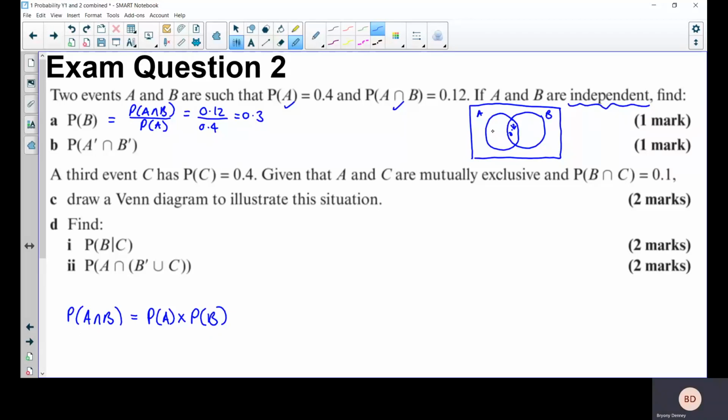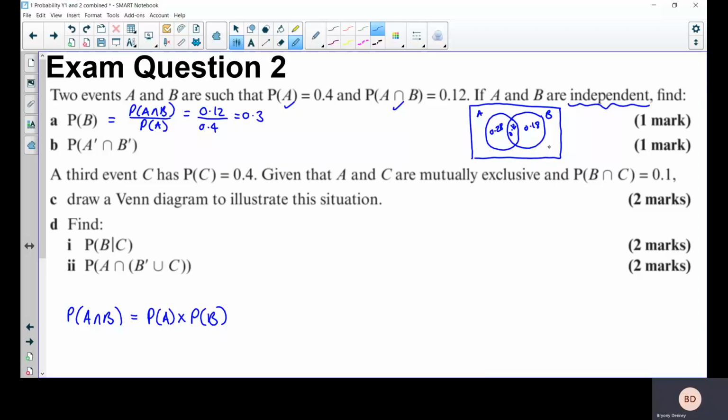A is 0.4, so that's going to be 0.28. The probability of B is 0.3, so this is going to be 0.18. I could find what the union is, and then I could find the outside, the probability of not A intersecting not B.